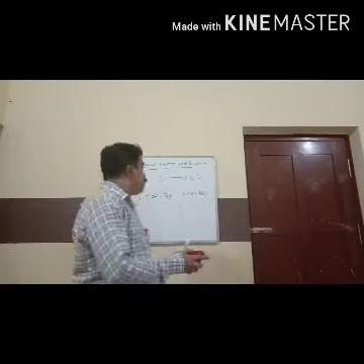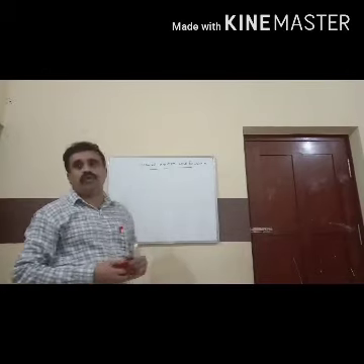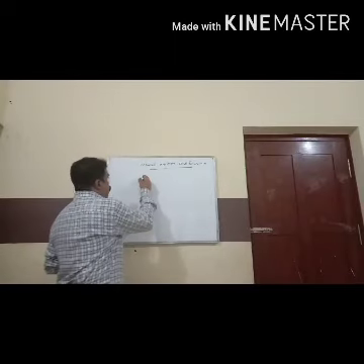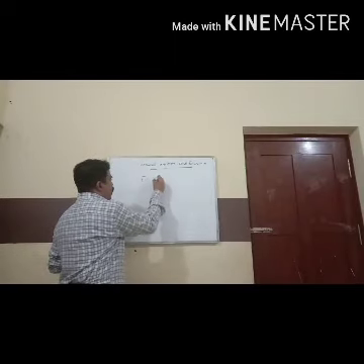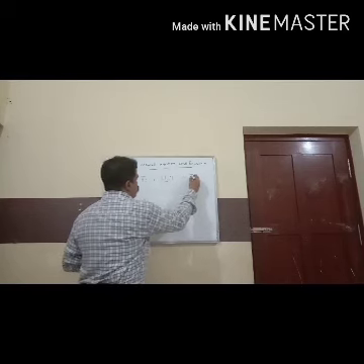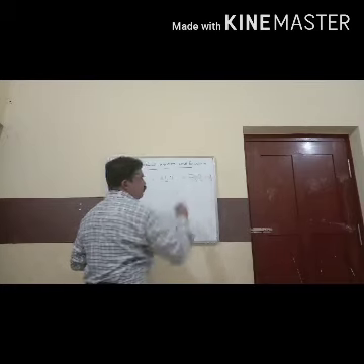Okay? So Fe reacts with H2O to form Fe3O4 plus H2. We'll see how it is being balanced. Fe, iron, reacts with moisture, water, to give Fe3O4 plus H2.